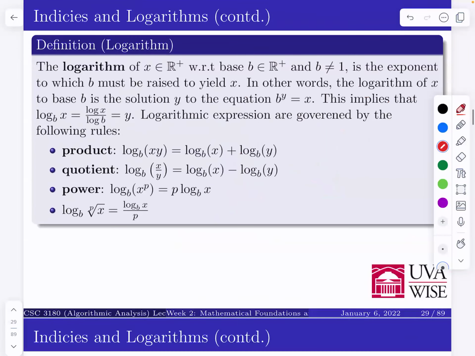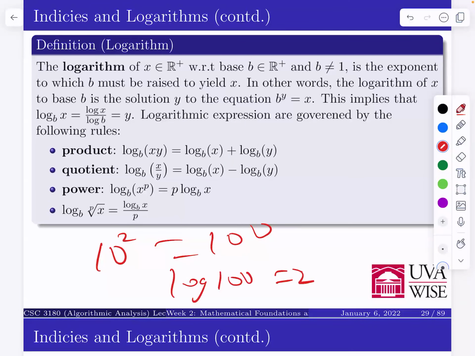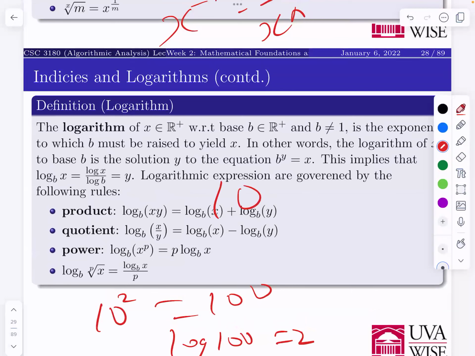Logarithm is very, very important. So if I raise 10 to the power 2 to get 100, then the log of 100 equals 2.